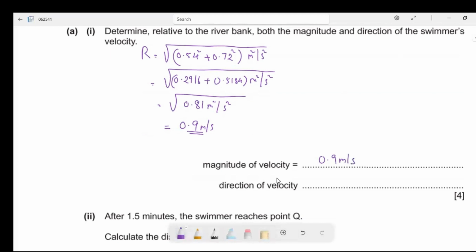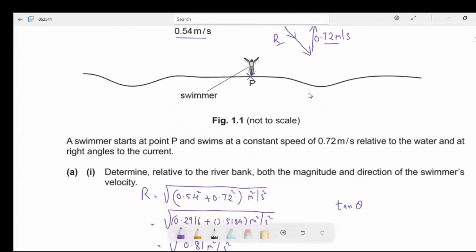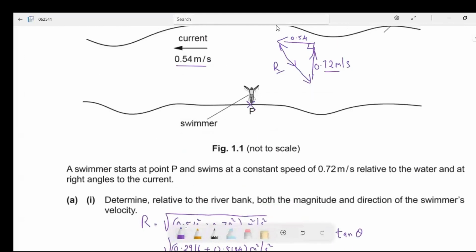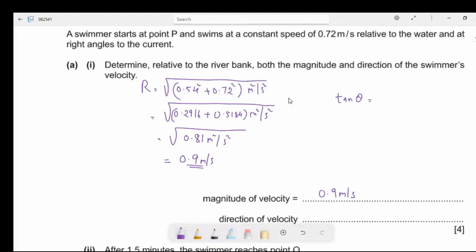What about the direction? For finding the direction, we can use tan theta. So tan theta will be equal to, for this angle theta, the opposite side by the adjacent side. The opposite side was 0.72 by 0.54. This will be equal to 1.333.